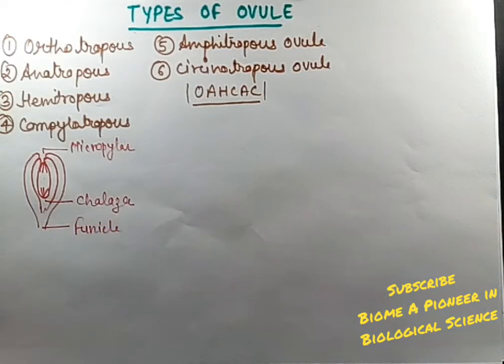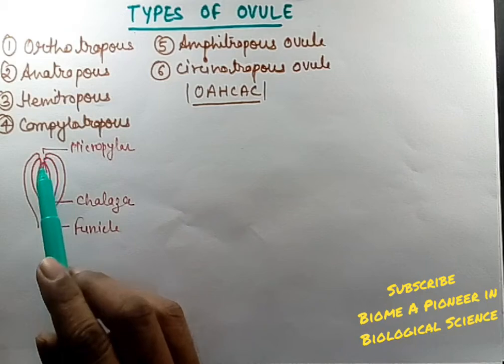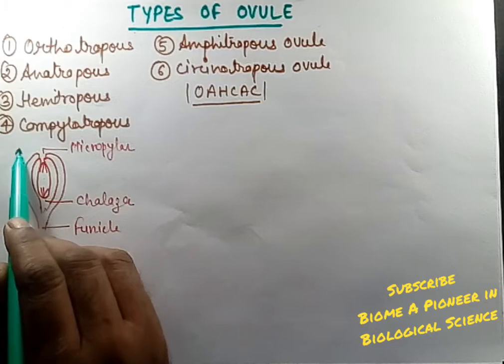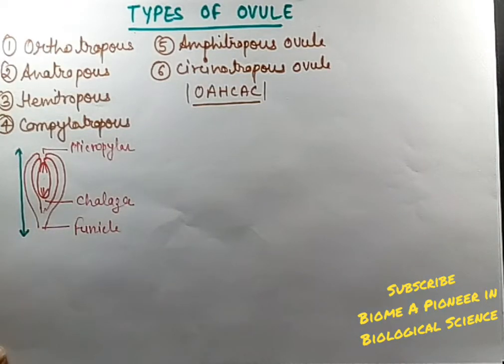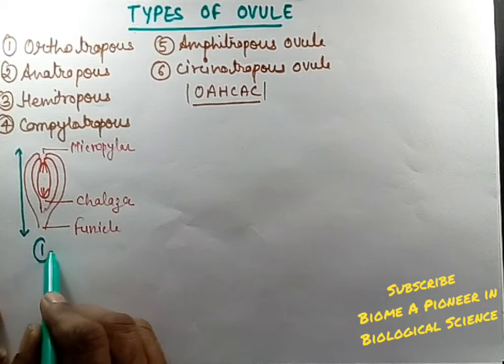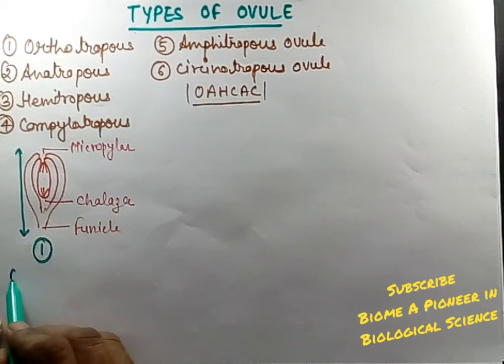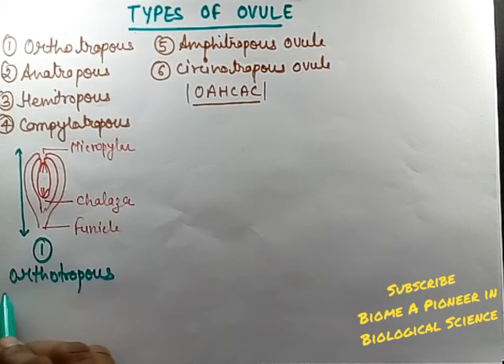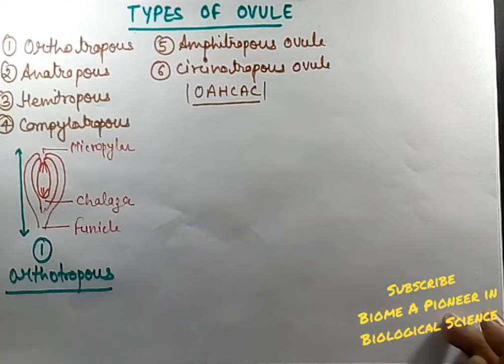So what you have seen in this structure is that micropyle, chalaza and funicle are all in the same direction. This is the first type of ovule. It is orthotropous. Micropyle, chalaza and funicle are in the same direction. This is orthotropous ovule.